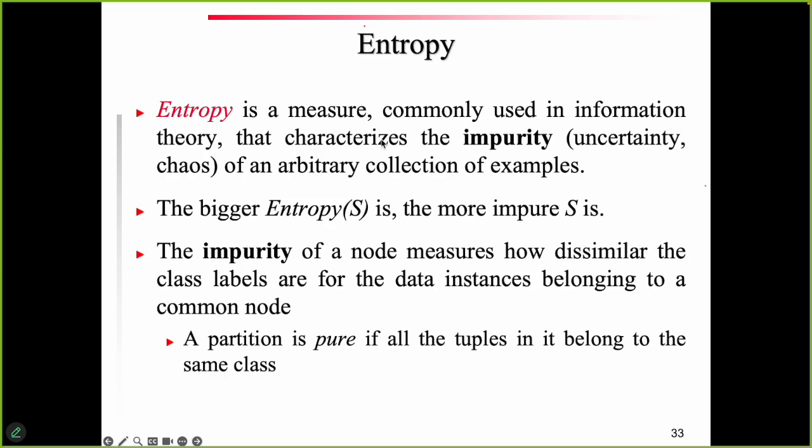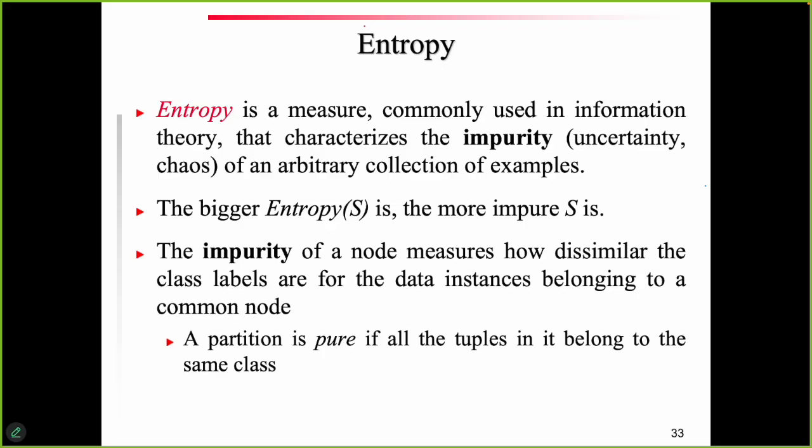In simple words, entropy measures impurity or uncertainty or chaos or disorder, or you can think of it as confusion. Okay, so if all examples belong to the same class, can you tell me whether entropy is high or low? If all examples belong to the same class, yes, entropy is low.